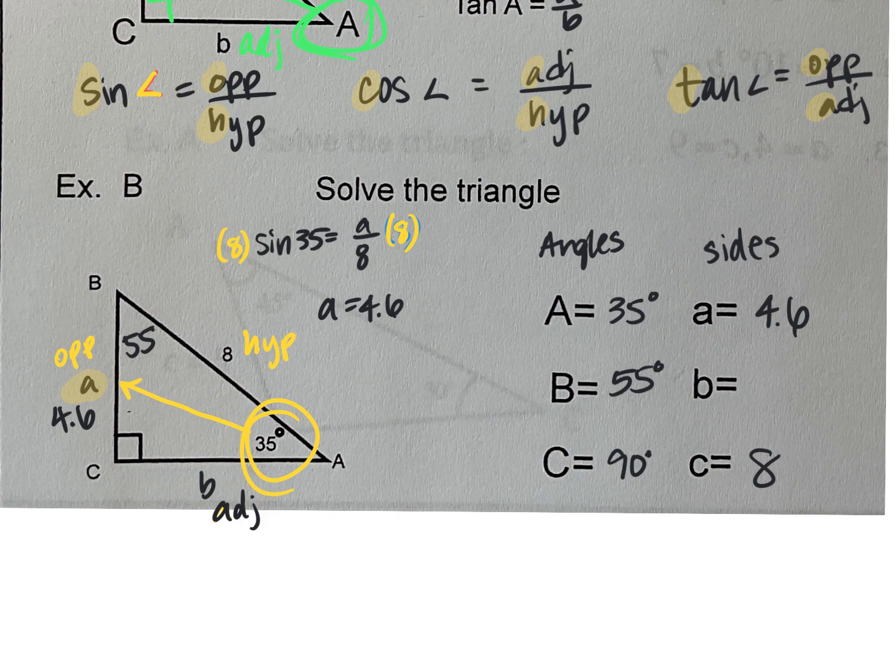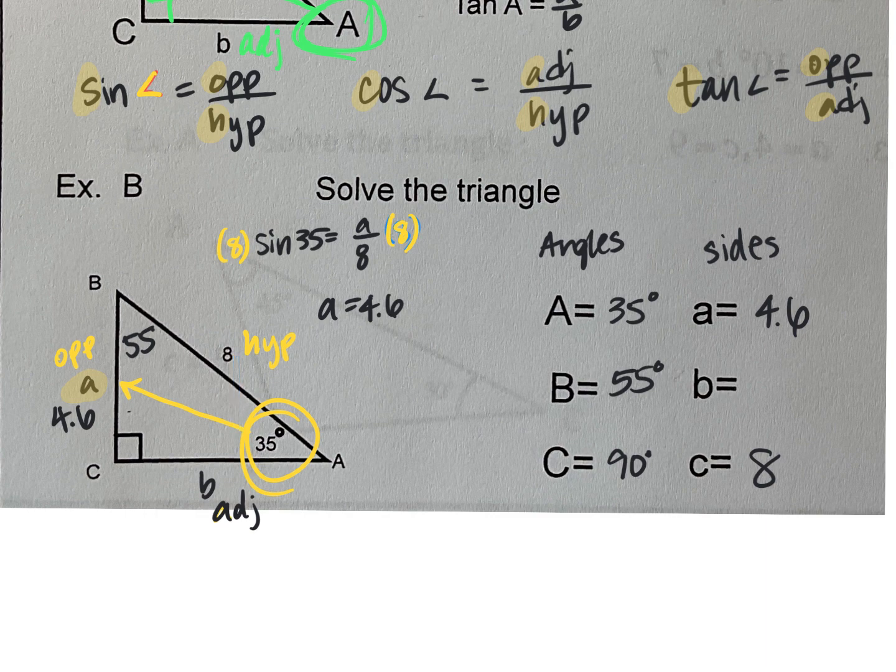If we stick with angle 35, how would I find side B? I could do tangent because I have the opposite now, but I came up with this. Could I have found that one wrong? So I'm going to not use it if I don't have to. If I did cosine, the adjacent would be B. The hypotenuse they gave me, so I'd have a little bit more strength than that, in my opinion.